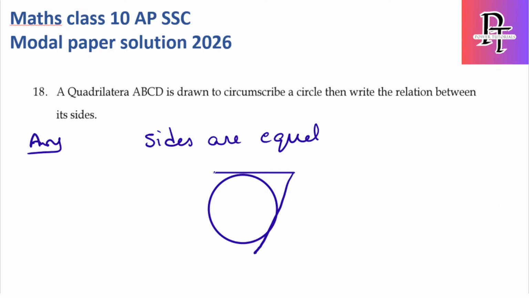Simply saying the sides relation will be sufficient, but this is for 2 marks. Make sure to draw the diagram properly using scale and pencil.